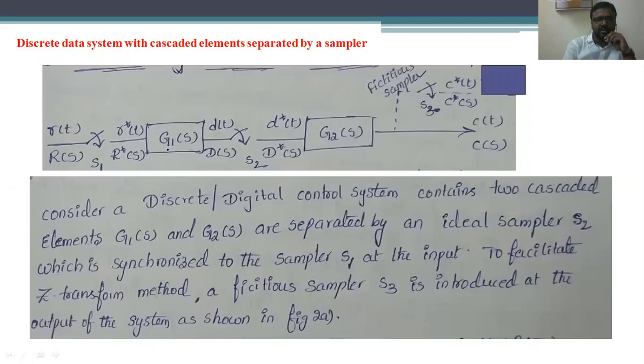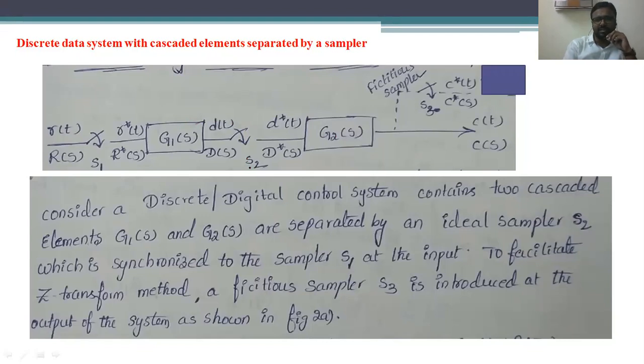Try to observe G1 of S and G2 of S. These are the two elements, that is, two discrete data systems, which are placed in a cascaded position, and these are separated by a sampler. That sampler is called S2.